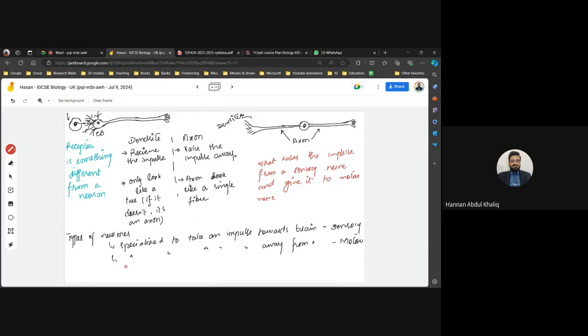Remember that the neurons that are specialized to take an impulse, process it, store it, and give it to motor neuron are called as relay neurons or interneurons. They would take it, process it, and give it to the motor neuron.